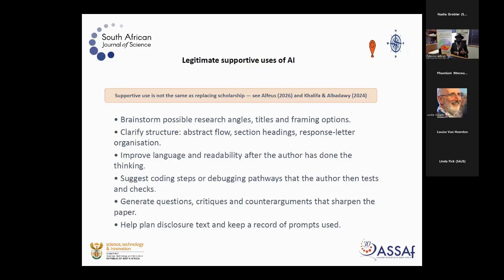Because like I said already, some journals, especially the South African Journal of Science, want to make sure that if you have disclosed that you have used AI, we also want to look at the prompts that you have used.